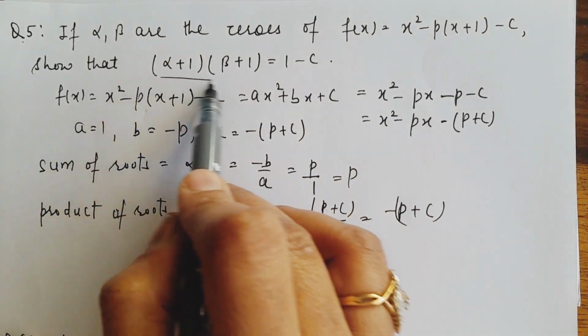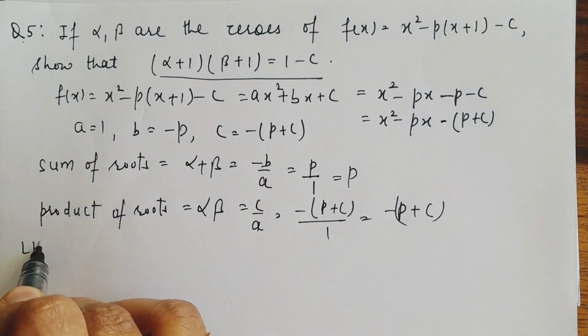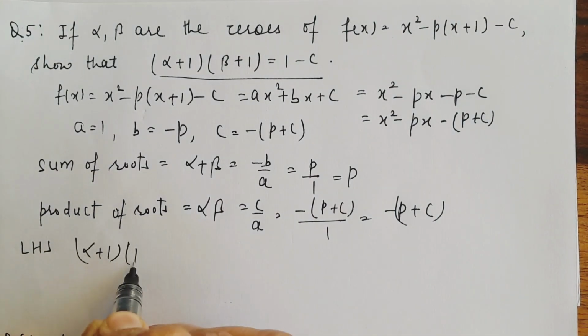अब हमें निकालना है ये। So left side we will take alpha plus 1, beta plus 1.